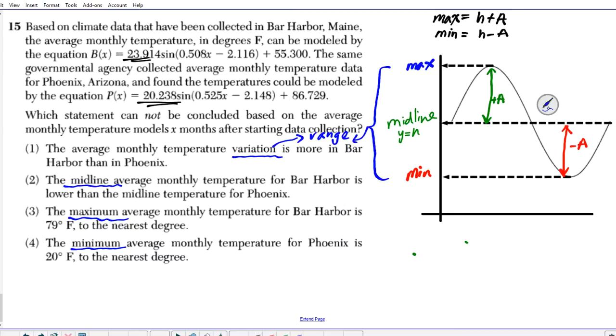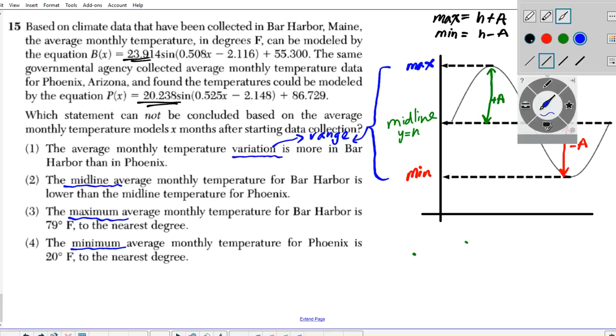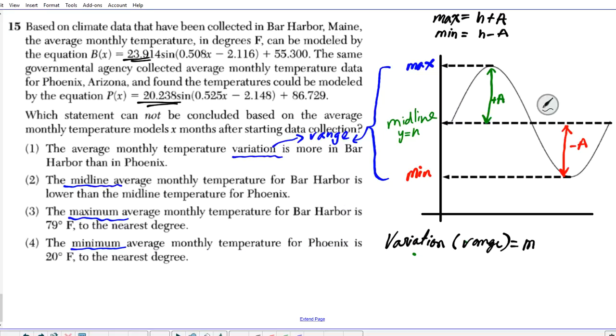How do you compute that? It's pretty straightforward. Your variation or range is simply your max minus your min. You just subtract your min from your max and you get your range.